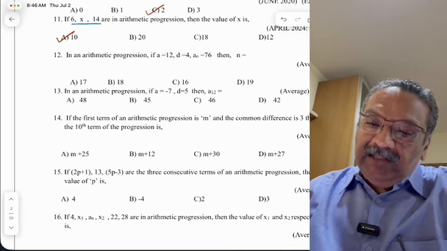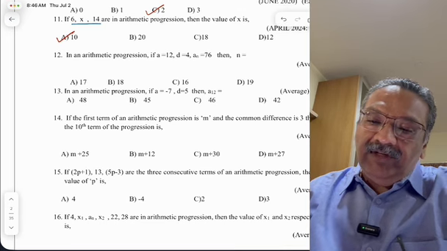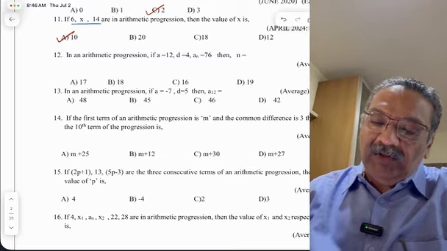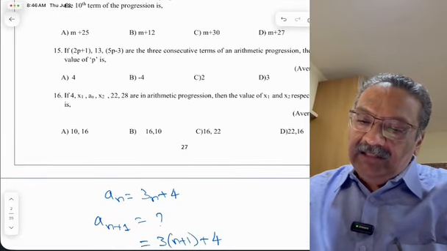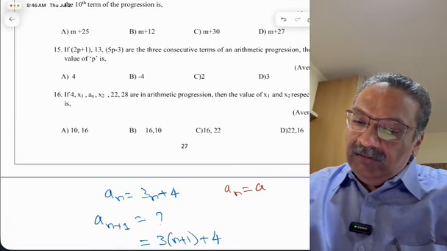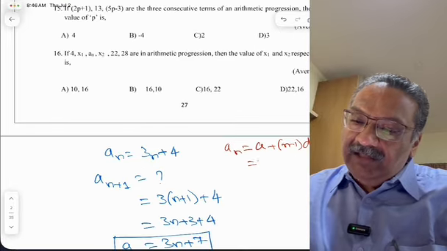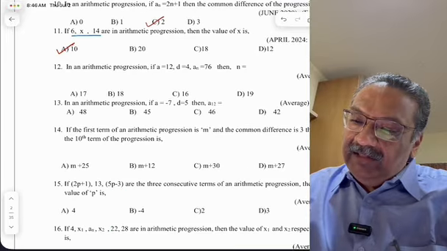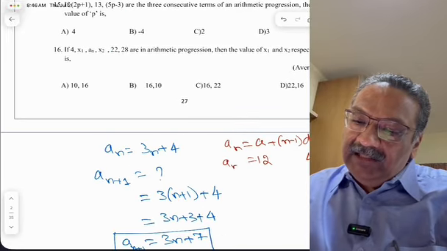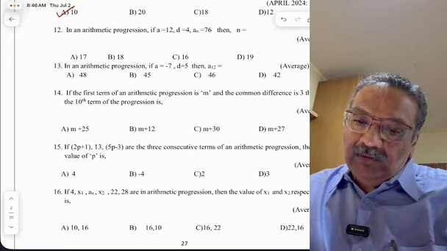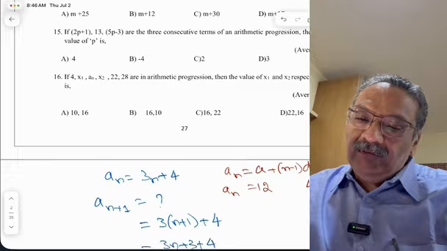12th one. In an AP, they have given a is 12, d is 4 and an is 76. Then n is what they have asked. So what is the formula for an? an is equal to a plus n minus 1 into d. They have given a is 12 and d is 4 and an is 76. So we have to find n.